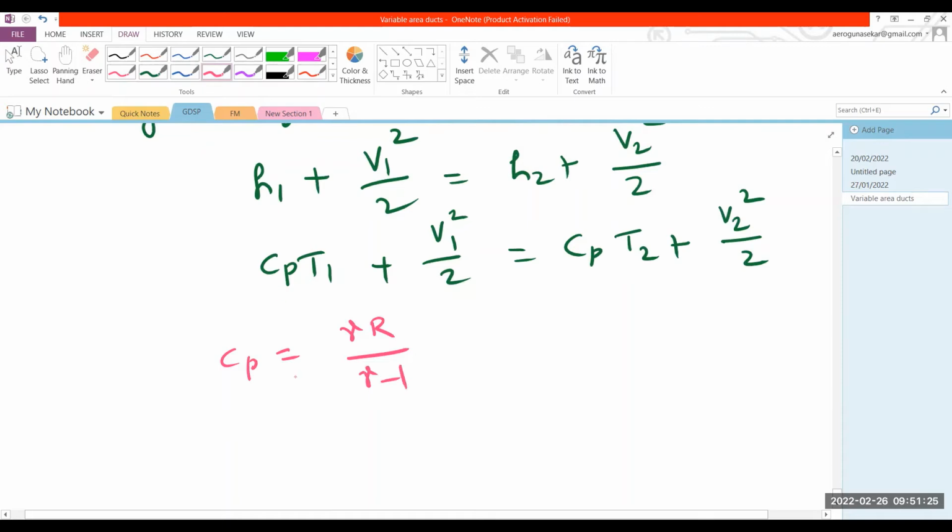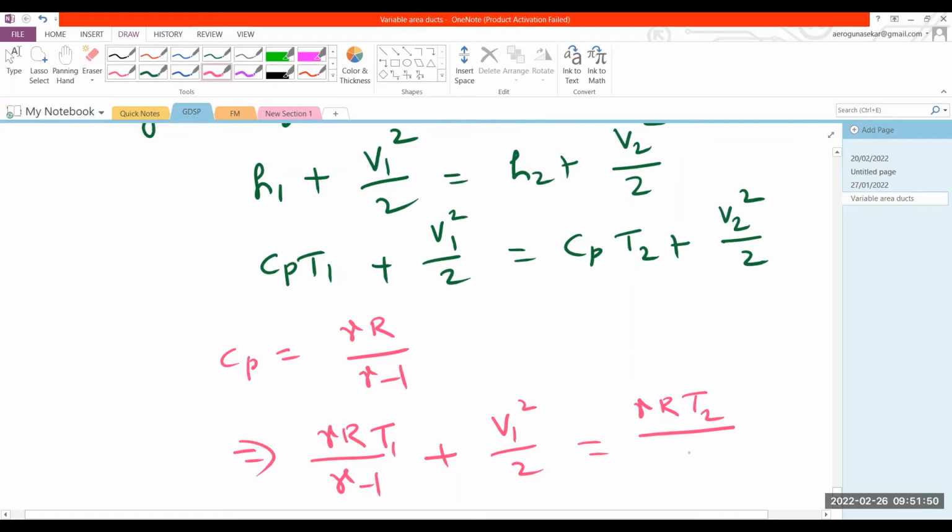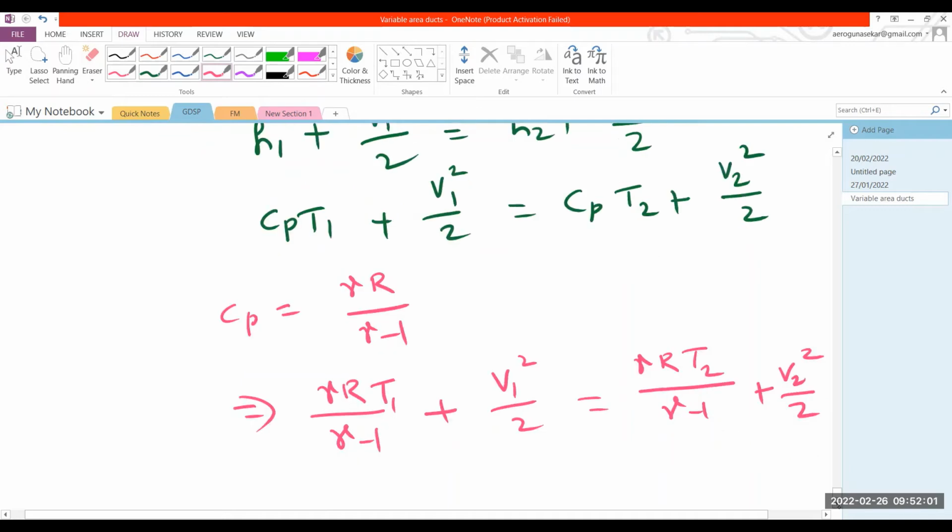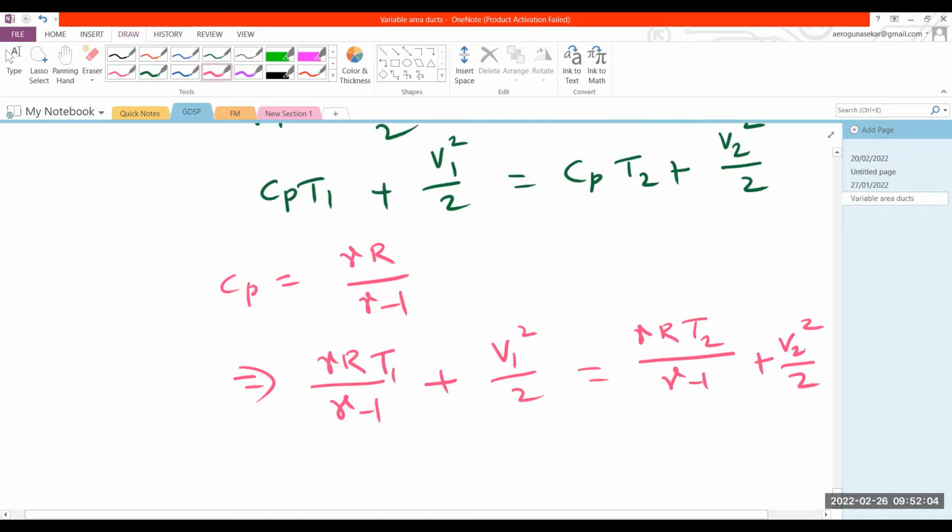Substituting this value in the above equation, you will be getting gamma R by gamma minus 1 into T1, then plus V1 square by 2, that is equal to, similarly, gamma R T2 by gamma minus 1 plus V2 square by 2. In this we know gamma RT.